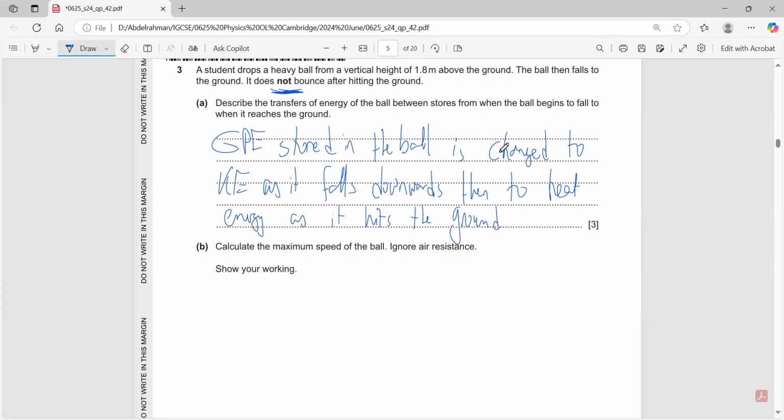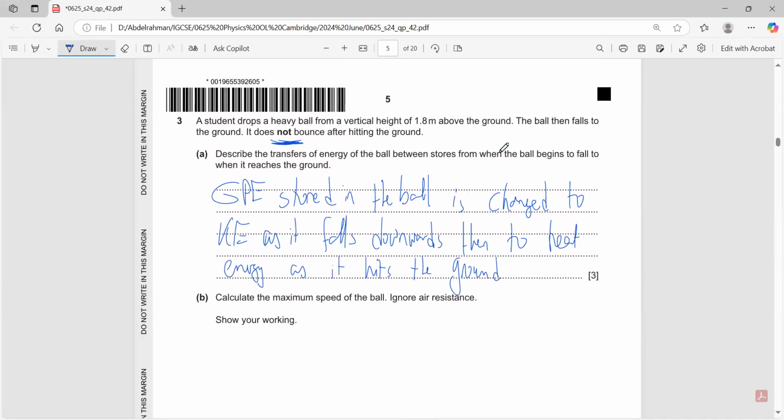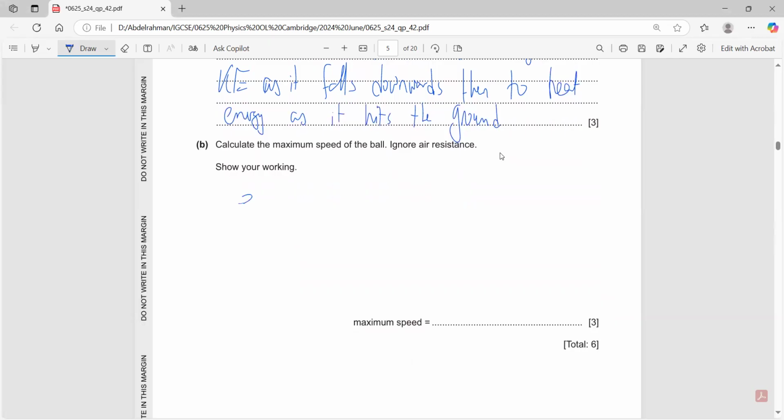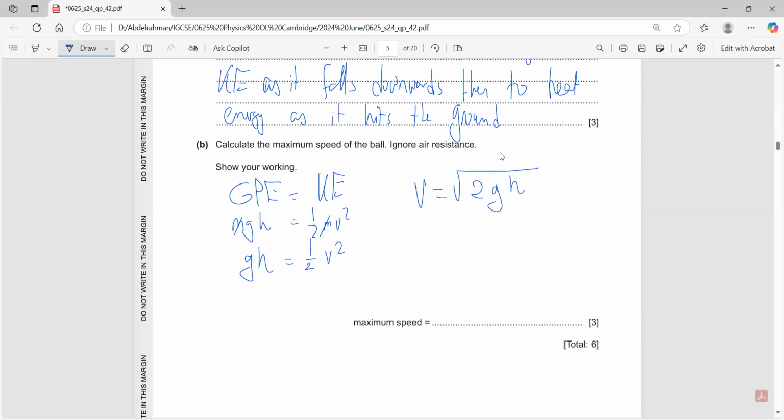Calculate the maximum speed of the ball. Ignore air resistance. We do not need the mass, because we can say gravitational potential energy equals kinetic energy. So mgh equals half mv squared. You can cancel out the masses. So gh equals half v squared. To find the velocity, v equals square root of 2gh.